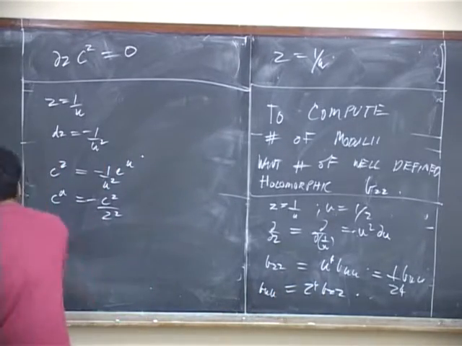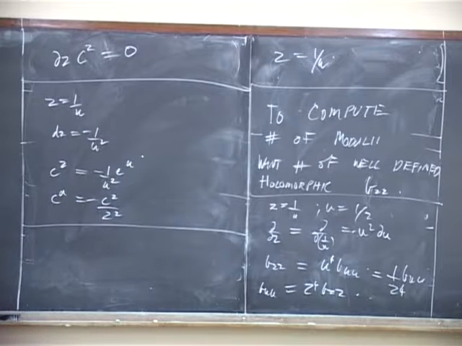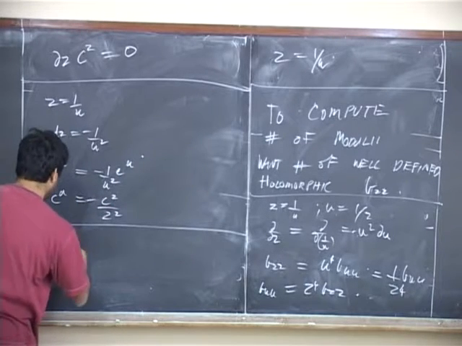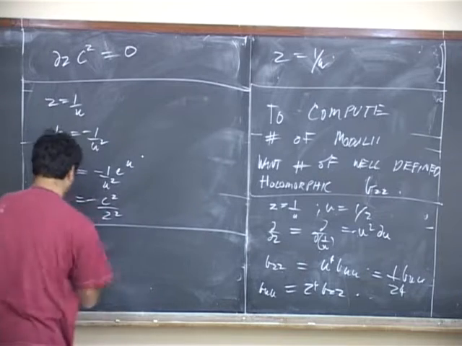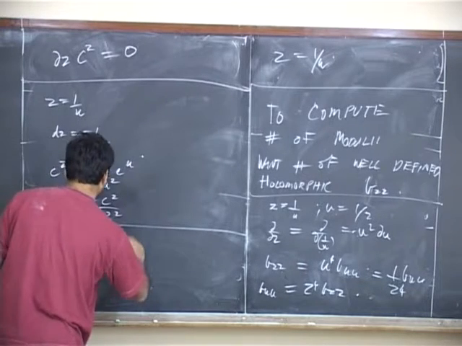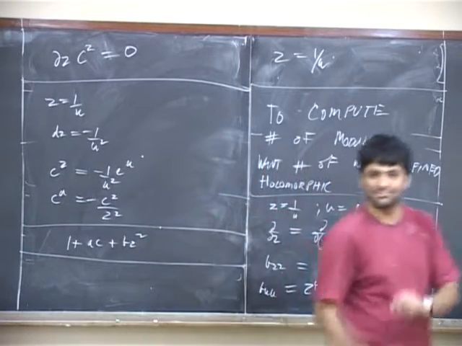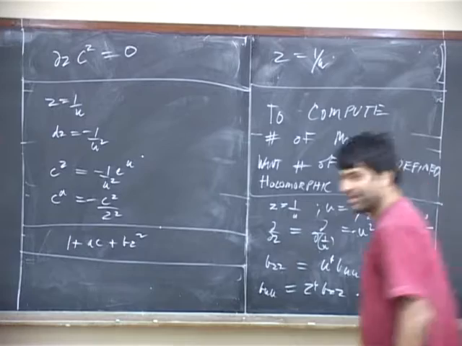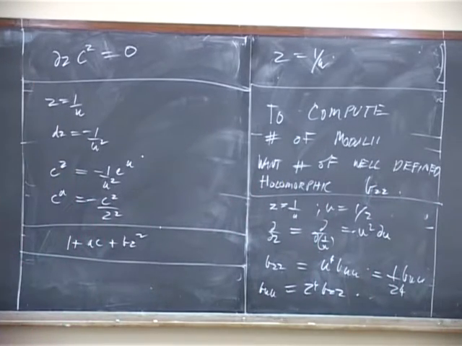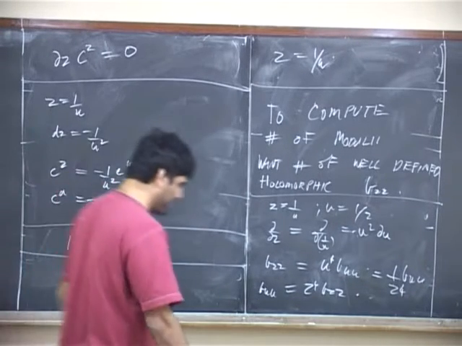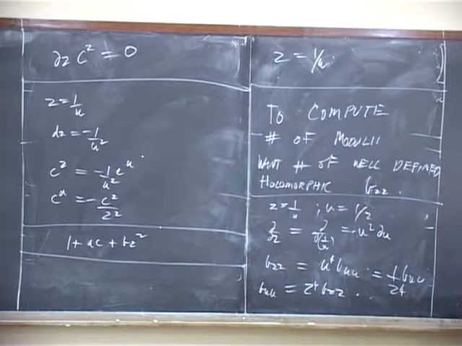So the number of vector zero modes is very simple. It's 1 plus a z plus b z squared, so there are 3 conformal Killing vectors on the sphere and no moduli. Every metric on the sphere can be put into a standard form by Weyl transformations plus diffeomorphisms.